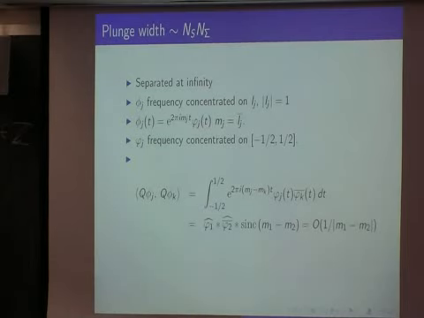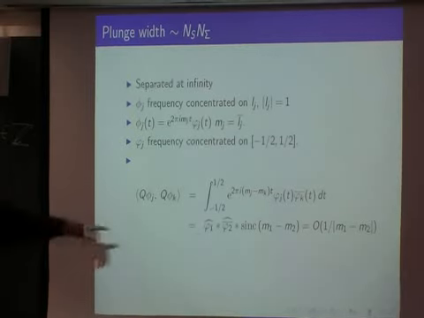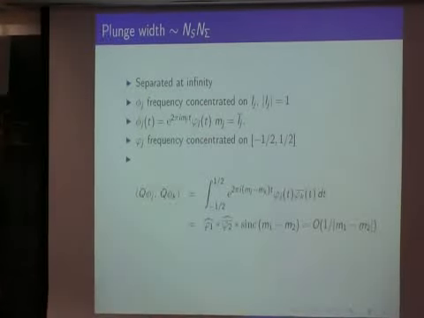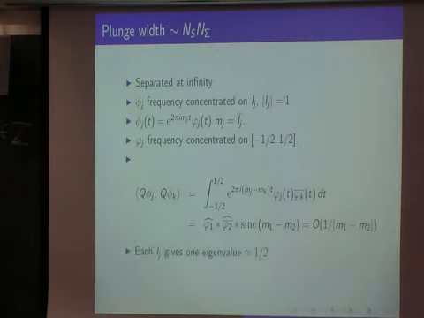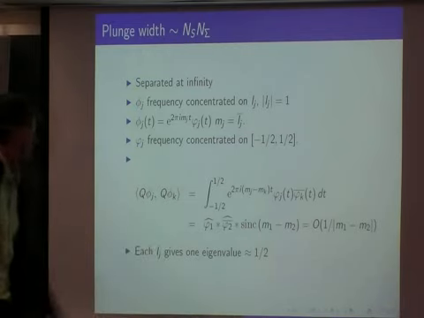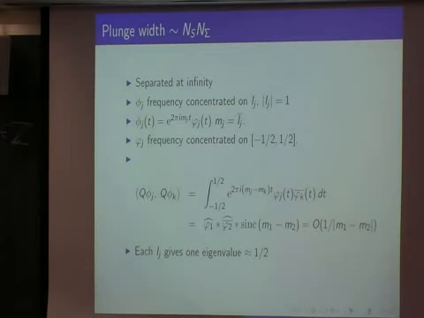So, well, that tells you that if you had several of these, so j and k are 1 and 2 here, but if you had some finite number of functions that were frequency supported on intervals of length 1, and you separated those frequency intervals, you sent them to infinity at different rates, then each of the intervals will give you an eigenvalue approximately 1/2.